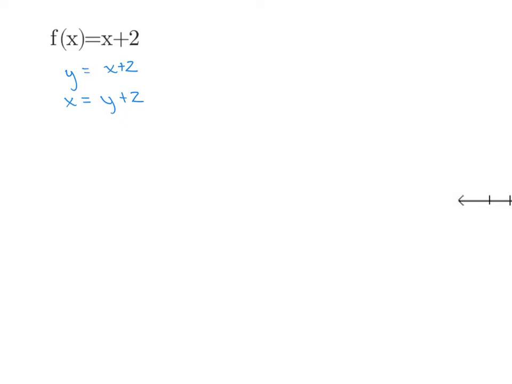And then I want to solve for y. So I'm going to subtract 2 from both sides. We get x minus 2 equals y. And now I want to replace my y with f inverse of x. So f inverse of x is equal to x minus 2.